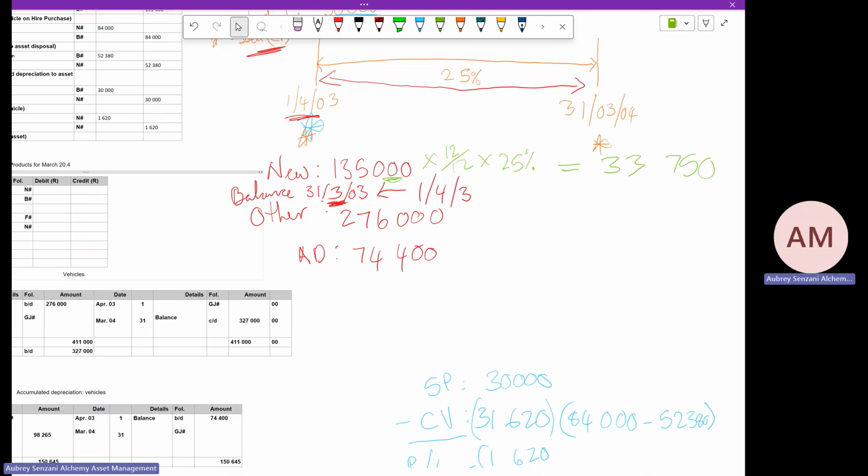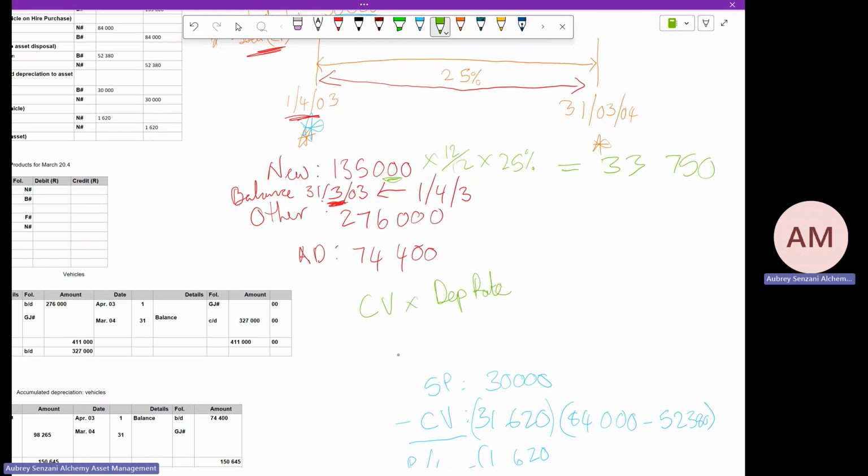Remember, to calculate depreciation, you get the accumulated depreciation. Let me say this: depreciation on the reducing balance method is the carrying value times the depreciation rate.